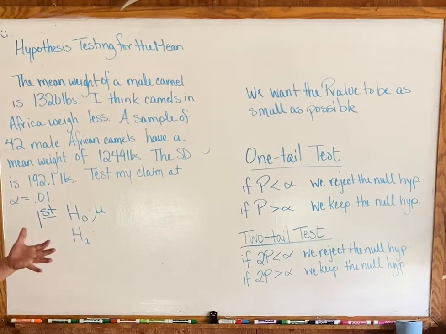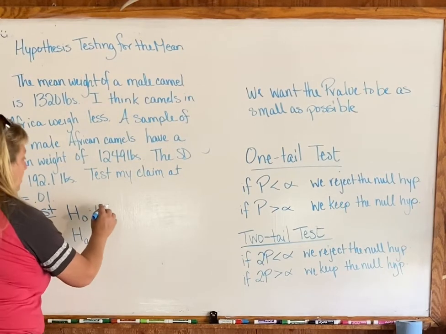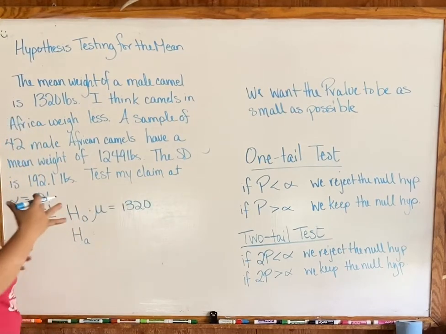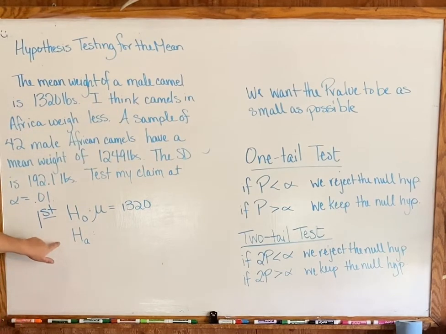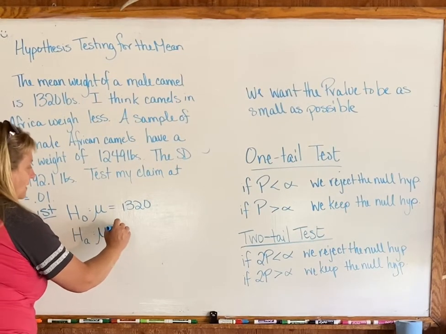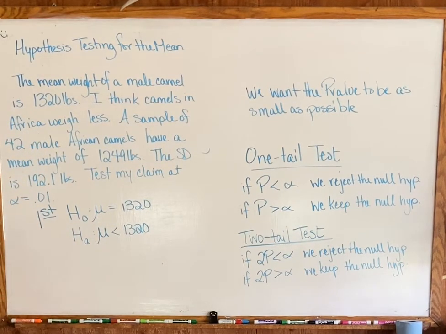And remember that the null hypothesis is a blanket statement. What do we know about mu? Not what I think, what do we know? It says the mean weight of male camels is 1,320 pounds. So mu is equal to 1,320. This is the statement of no change, just what we've been given. Now, what I think, which is going to be our alternate, is that camels in Africa weigh less. So I think that mu is less than 1,320.